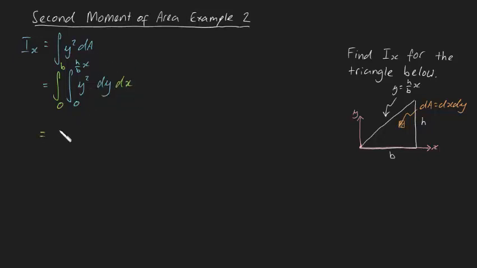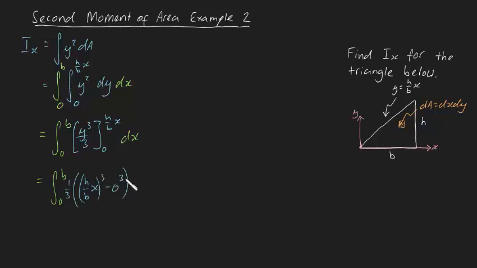This will be the integral from 0 to b of, let's see, what does this evaluate into? It'll be y cubed on 3 with limits from 0 to h on b x. And don't forget, we still have that pesky dx here. Now let's evaluate this. We get y cubed on 3, I'll factor out the 1/3, and then y cubed turns into h on b x all cubed minus 0 cubed, and then we've got a dx.